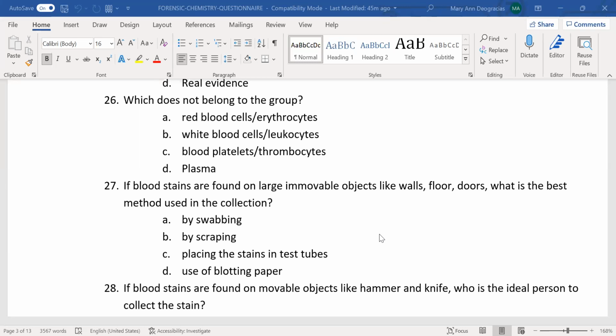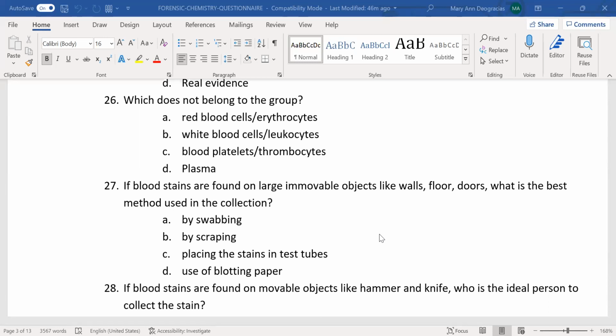But the best answer there is D. Why? Yung A, B, C are the solid parts or components of blood. Tas yung plasma is the liquid part. So, ang sagot sa number 26 is delta. So, it's plasma. Puro solid yung red blood cells, white blood cells, saka blood platelets.